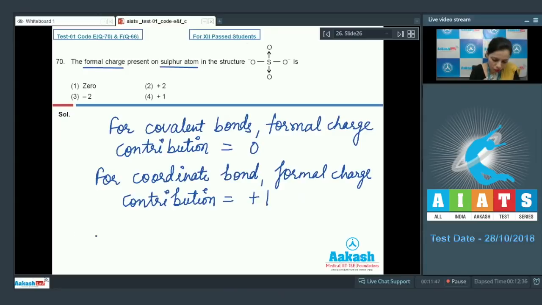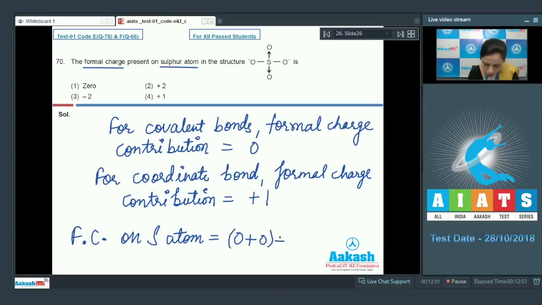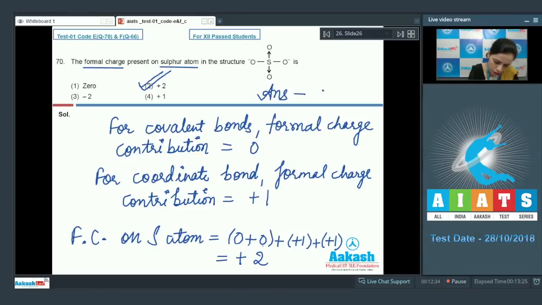Now, just calculate the formal charge on sulfur atom. That would be the formal charge due to 2 covalent bonds, that is 0 plus 0, plus the formal charge due to coordinate bond +1, because 1 coordinate bond is there, then further 1 more coordinate bond is there. So the sum of all these is +2. And if it is so, the correct answer is given in option 2. Answer for this particular question is option 2.